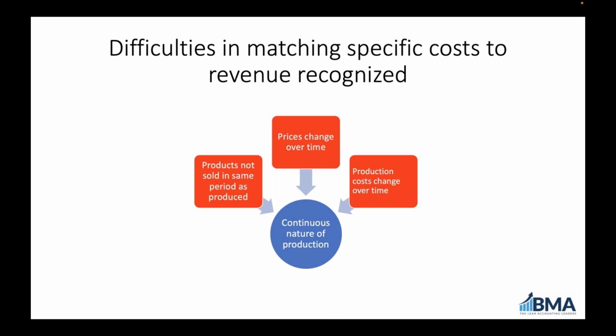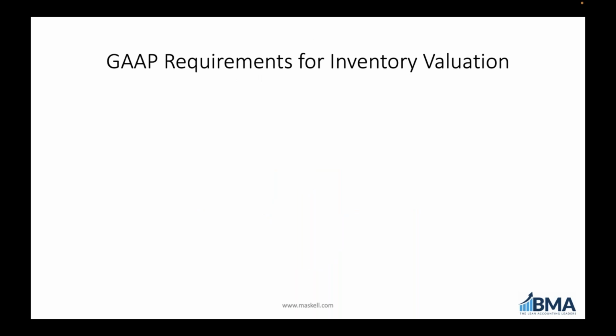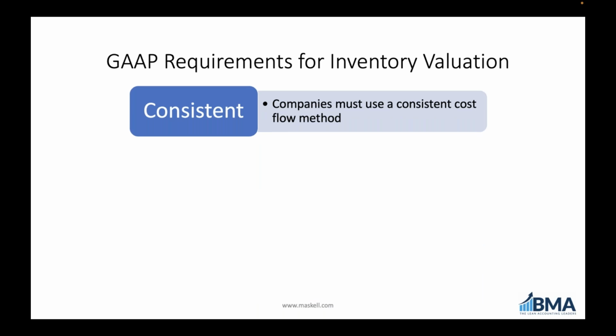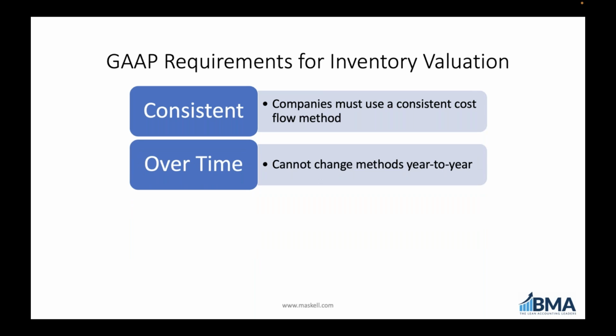So the solution in terms of GAAP is for companies to adopt a consistent cost flow method over time. Next slide, I'm going to explain what a cost flow method is. GAAP also states that companies can't change cost flow methods every year, okay?